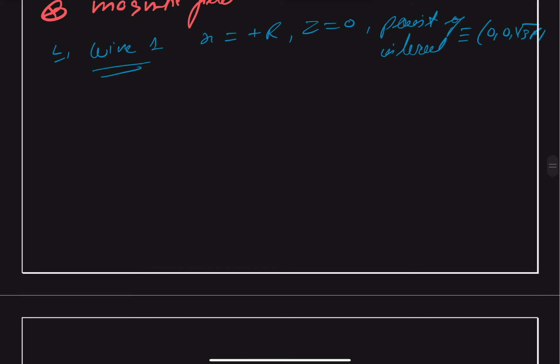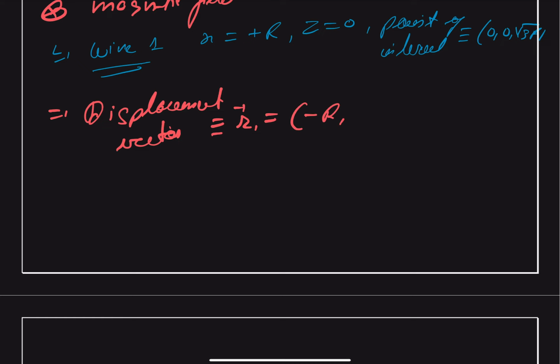So we need to find out the displacement vector. Let us suppose we call this r1. This will be equal to minus r, 0, square root of 3 times r.